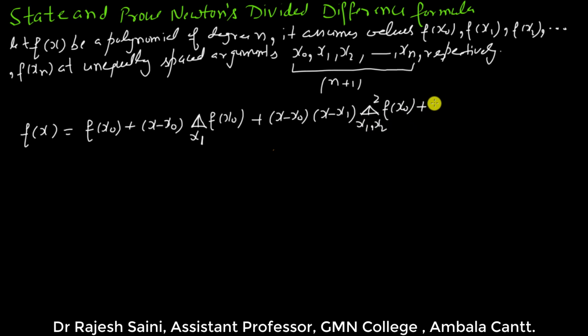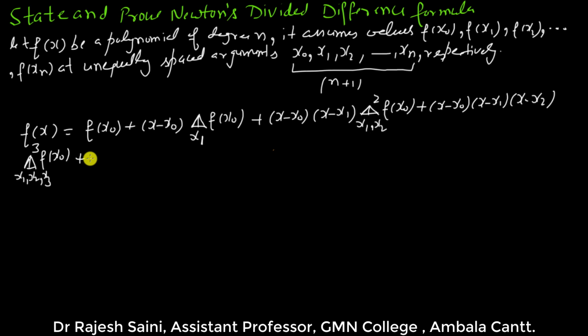One more term I am going to write: (x minus x0)(x minus x1)(x minus x2), and it will be the third order divided difference, and you will write x1, x2 and x3.